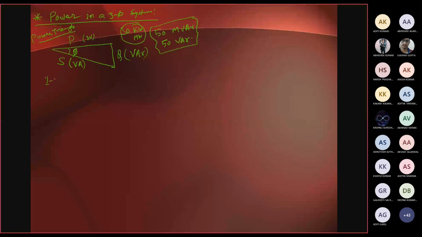single phase circuit, your volt ampere, simple volt ampere or total apparent power, this is also known as total apparent power. So this is simply VI, right? Unit in volt ampere. Okay?